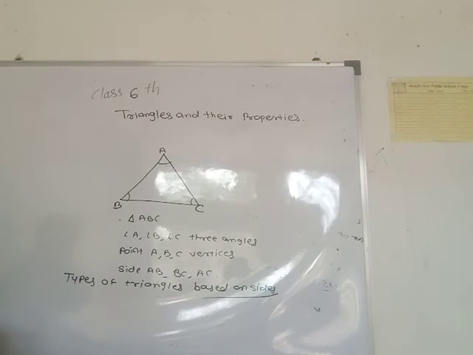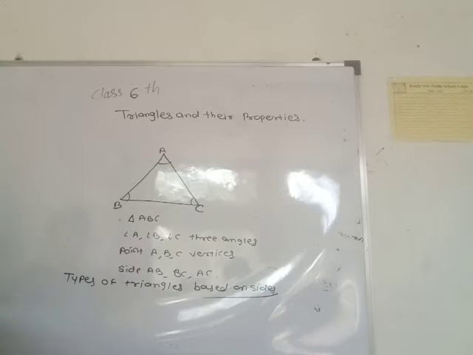Based on sides, there are 3 types of triangles. How many types of triangles based on sides? 3. First one is the equilateral triangle, second is the isosceles triangle, and third one is the scalene triangle.